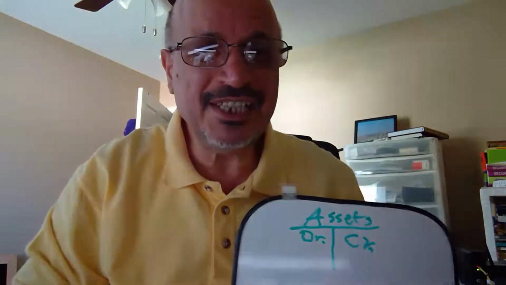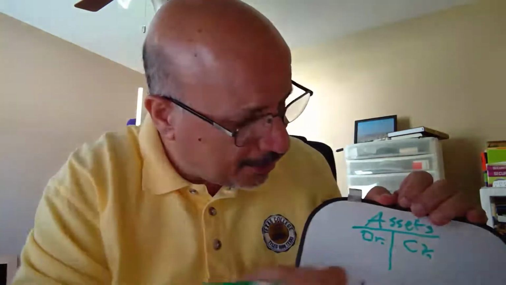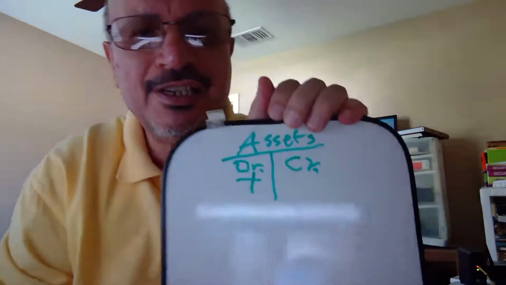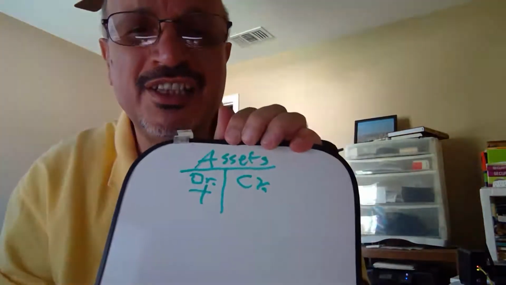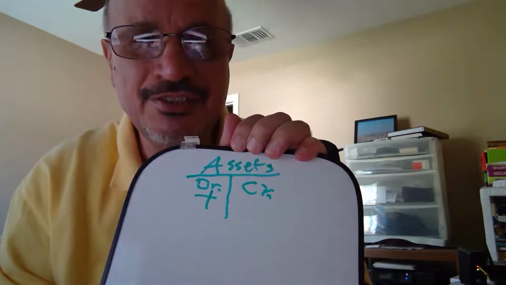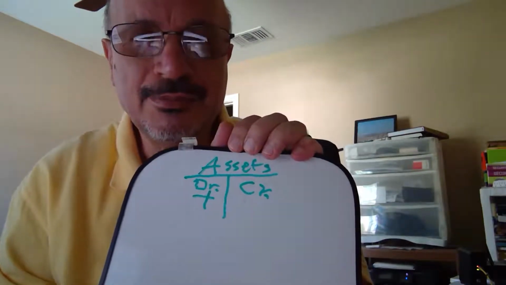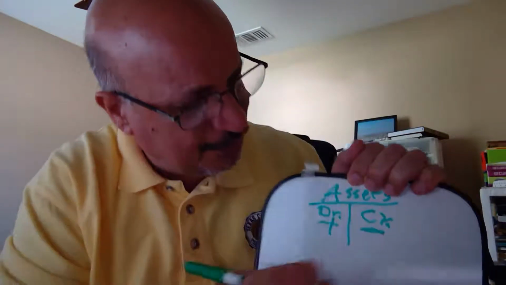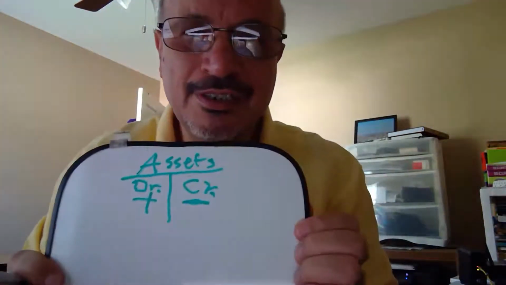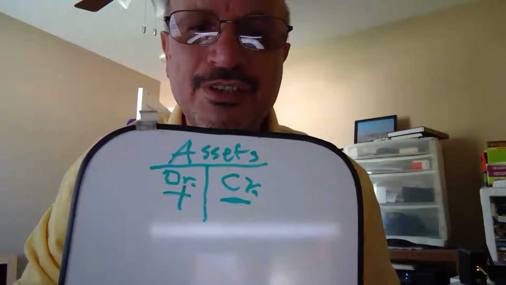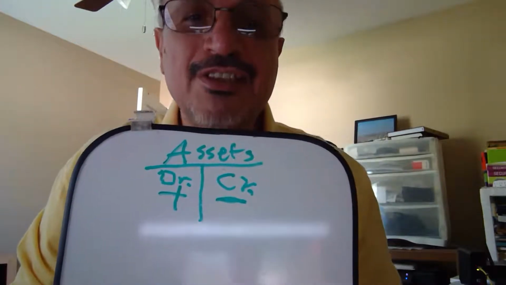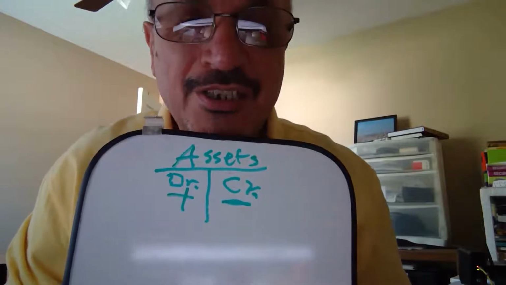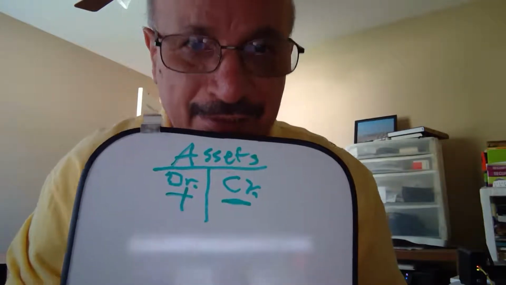So when they increase, they are debited. So all the increases in assets, they are debited. The decreases are credited. So assets, when they increase, they are debited. When they decrease, they are credited. All right, that clear? All right.